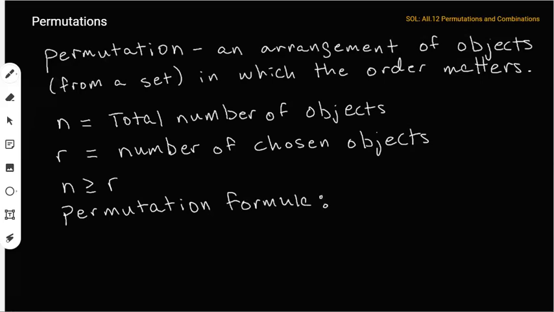It's going to be n permutation r is equal to n factorial on the top of the fraction, divided by n minus r factorial on the bottom of the fraction. So using this formula, I want to do a really quick example of how the formula can be used to solve some permutation questions.